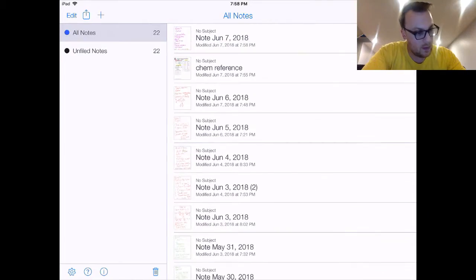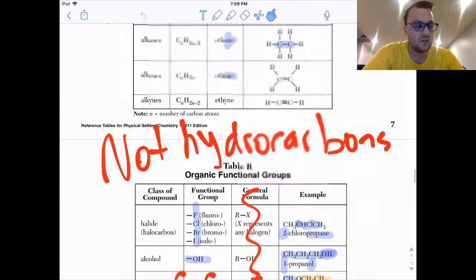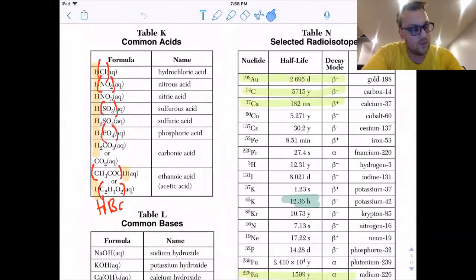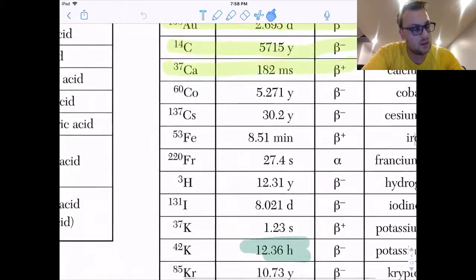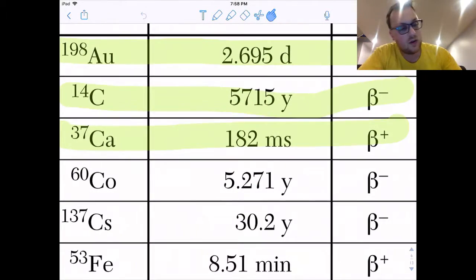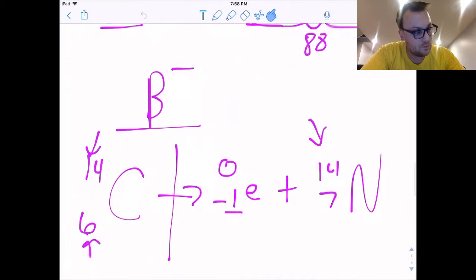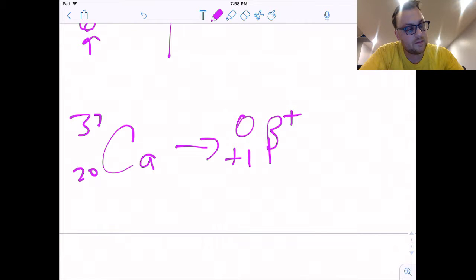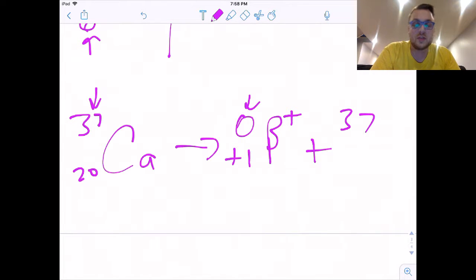The only other natural reaction that results in a change of the atom is positron. An example of that would be, let's do calcium-37 here. So, calcium-37, when it decays, releases a positron. 37 goes in, 37 better pop out, 37 plus 0 is 37. 20 goes in, got a +1 here.